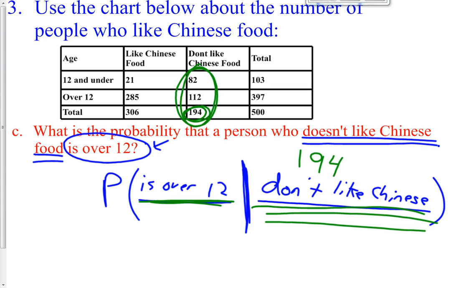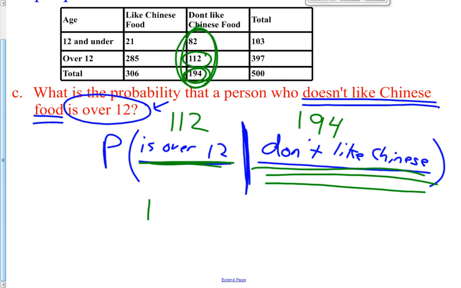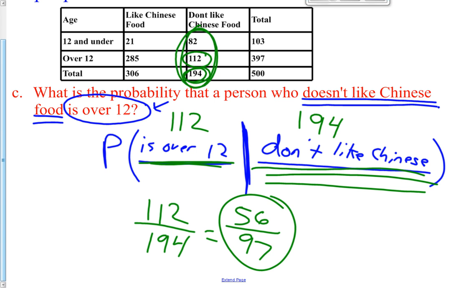So the ones that are over 12 is this 112 right here. So 112 out of a total possible of 194. 112 over 194, and that probability reduces to 56 over 97. Okay, class, why don't you guys pause the video.